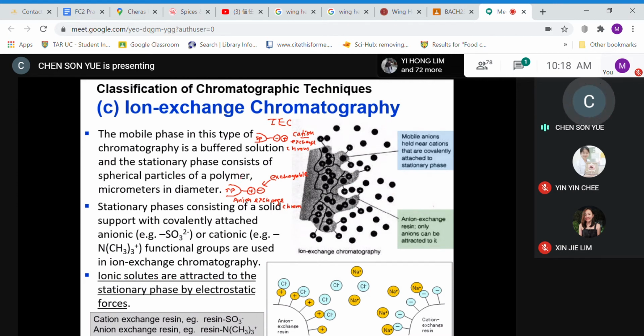The general stationary phase used in ion exchange chromatography is usually a resin. The resin here actually is a stationary phase, and bonded is the native ion. The exchangeable will be a positive ion.